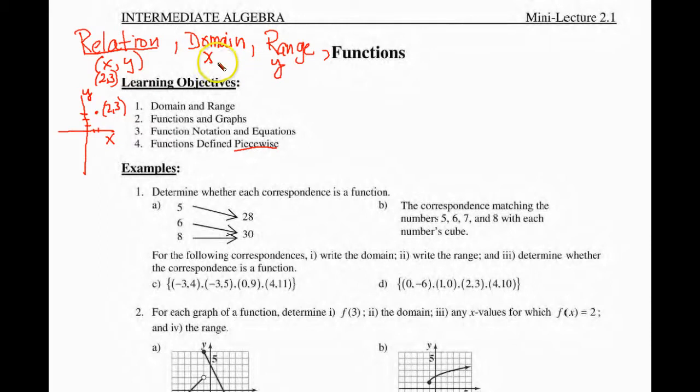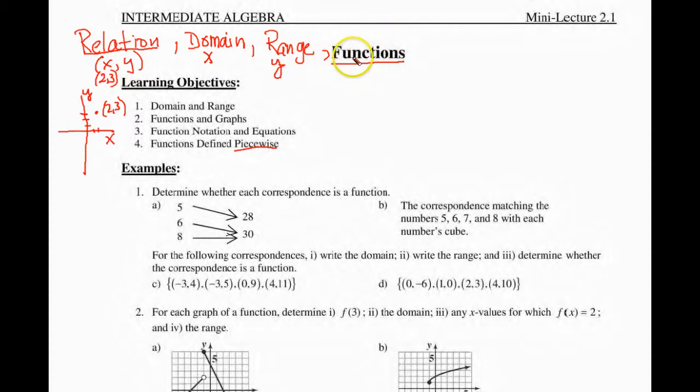So a way to remember it is domain and range, D and R, alphabetically, matches up with X and Y. So the D is the first, along with the X is the first, range is the second, along with Y, which comes later alphabetically.